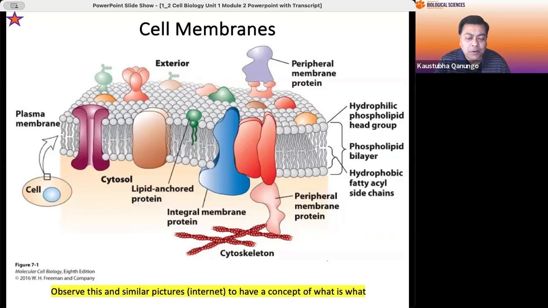Anything that you see sticking out towards the exterior, sticking out towards the cytosol and continuous through the membrane, you will consider an integral protein or transmembrane protein. We will use both words as the same name.